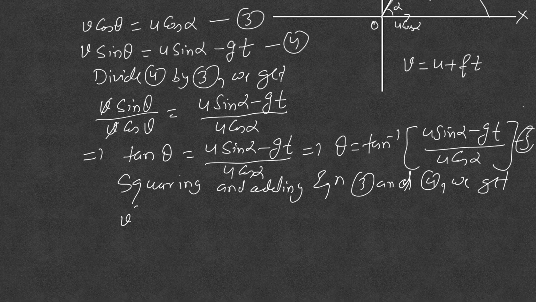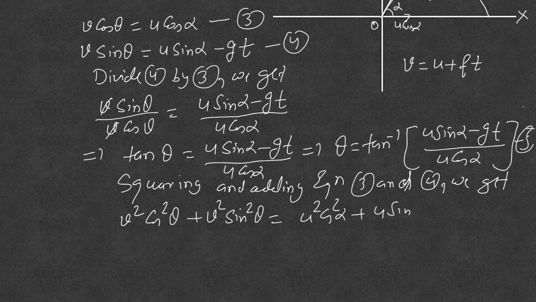v square cos square theta plus v square sin square theta is equal to u square cos square alpha plus (u sin alpha minus gt) whole square.